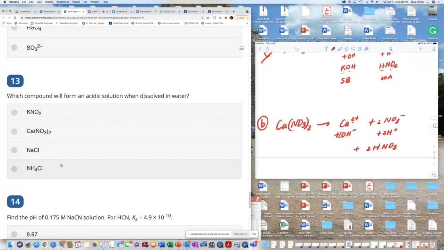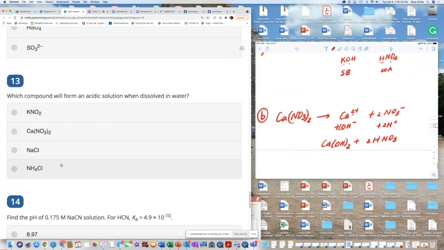Because I have to end up with a neutral compound. So I end up with calcium hydroxide. Man, this is bringing up 1411. Yeah. So what kind of base is this? I told you guys earlier, a metal with a hydroxide is a strong base. So once again, metal hydroxide, strong base. Yeah. Nitric acid, one of the strong acid. So technically, this forms a neutral solution because both parents are strong.